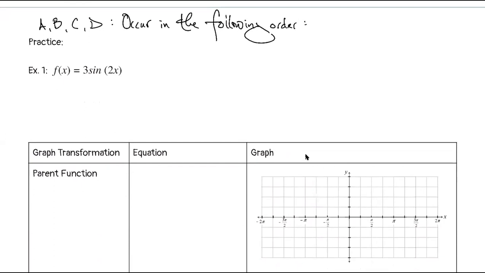And that is, we're going to take care of any C's first, and then any B's, and then any A's, and then any D's, okay? And so when we look at our equation, we might notice that we have a 3 in the front. And which letter does that correspond to? A, B, C, or D?